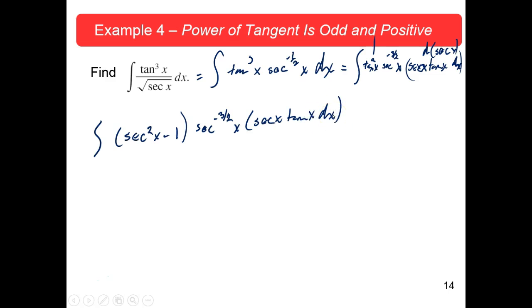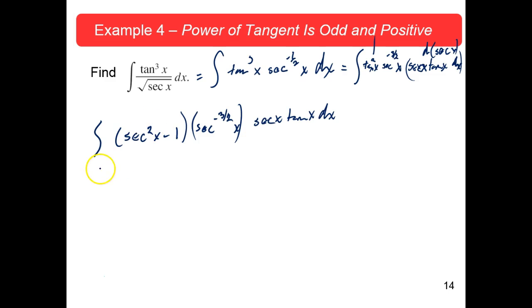You don't have to have the parentheses there, but just to separate. Maybe I'll lose those parentheses. Derivative of secant x is secant x tangent x dx, if you're doing differential. That's what I was trying to do.